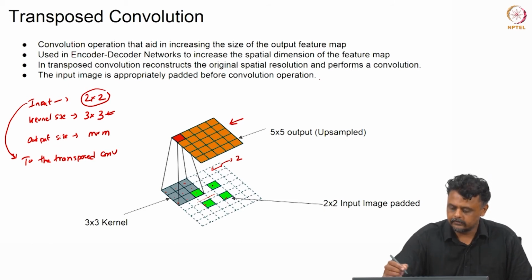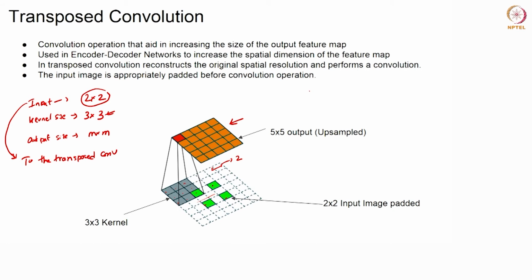Let us understand this better. Let us say your input size is 5 cross 5 and your kernel size is 3 cross 3. If you do a naive convolution, the output size would be 5 minus 3 plus 1, which is 3 cross 3, which is not what we want.